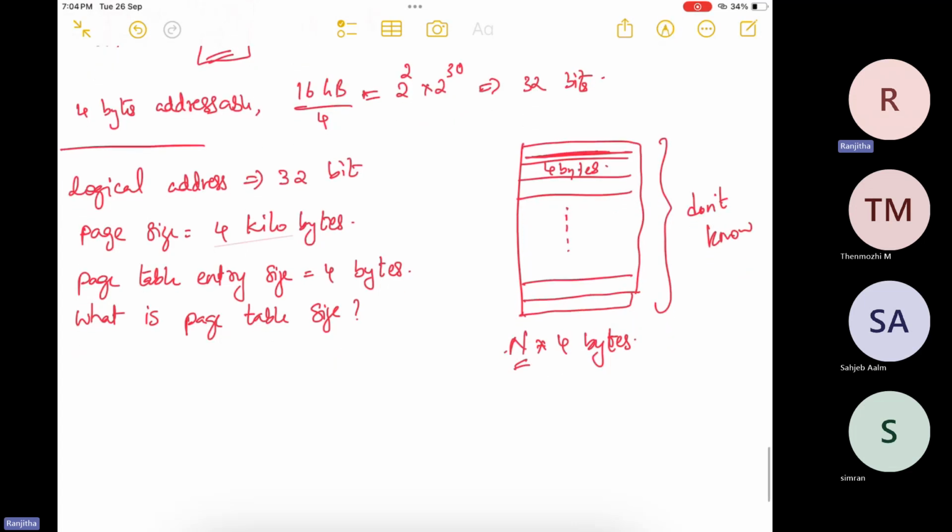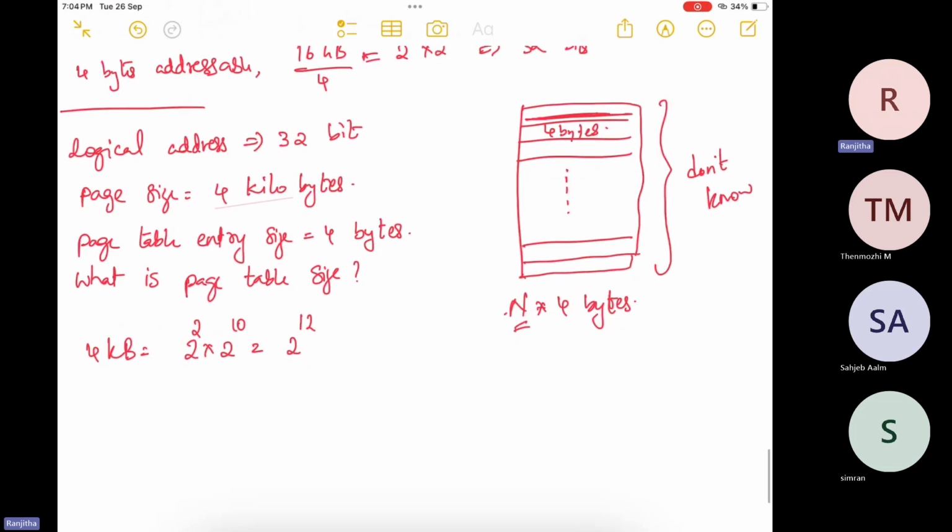So we will find out this n using the logical address bits and the page size. Page size is 4 kilobytes, which is equal to 2 power 2 into 2 power 10, which is 2 power 12. Then we have a 32-bit logical address. So we know logical address is P and D, right?